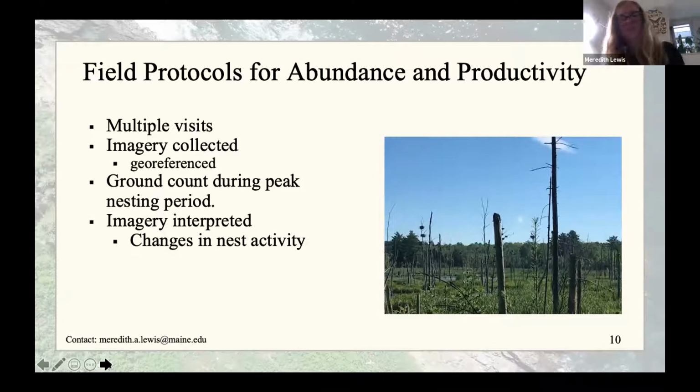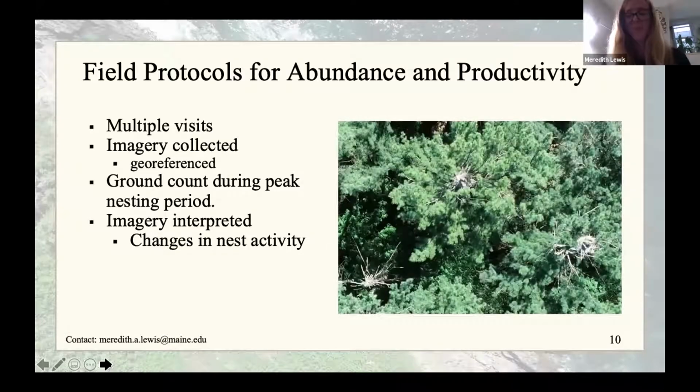For relevant species, we will try to ground count those, assuming that disturbance isn't excessive. And then once we get back, that imagery is interpreted by multiple observers, and we look for changes in nesting activity. So if we come back and we notice that an adult is no longer incubating a nest from one visit to another, that might indicate some changes in nesting activity that we weren't able to detect otherwise.